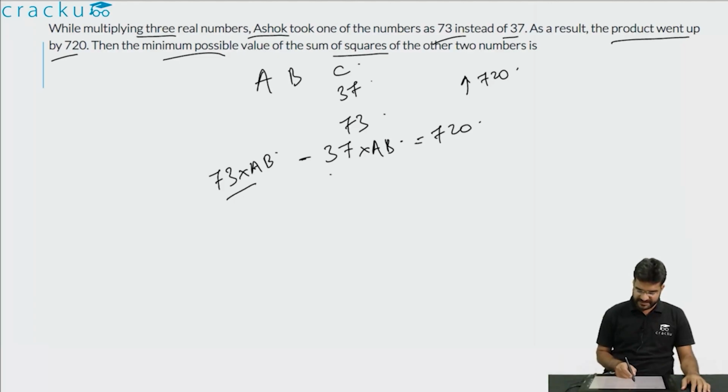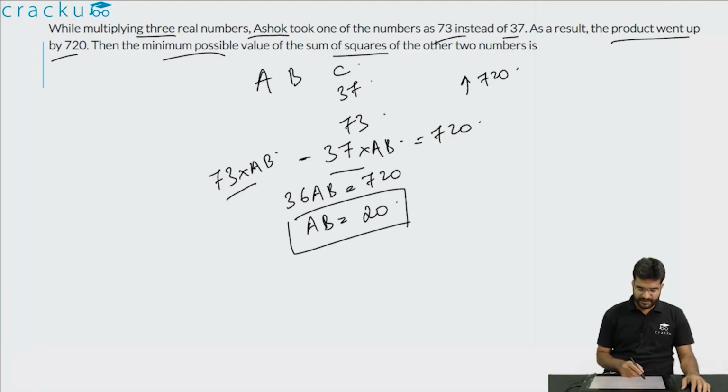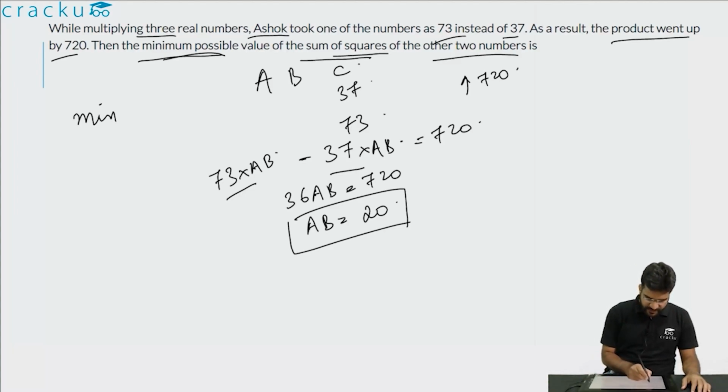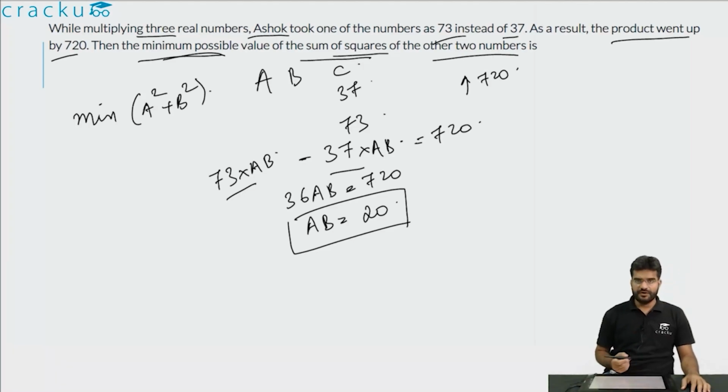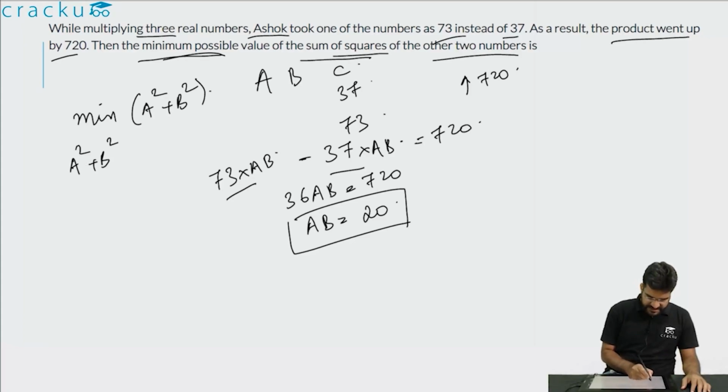Now if you simplify this, 73AB minus 37AB will be 36AB is equal to 720, or the product of A and B is equal to 20. We have been given this. Now we are required to find out the minimum possible value of the sum of the squares of the other two numbers. So we are required to find out the minimum value of a square plus b square. Now what we do know is that a square plus b square is greater than or equal to 2ab.